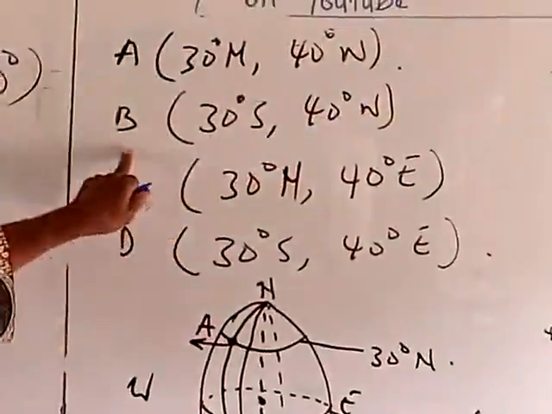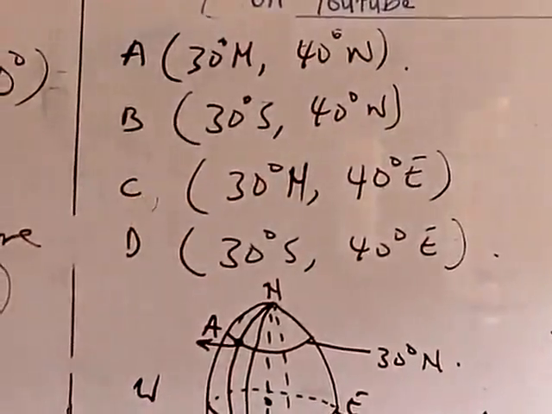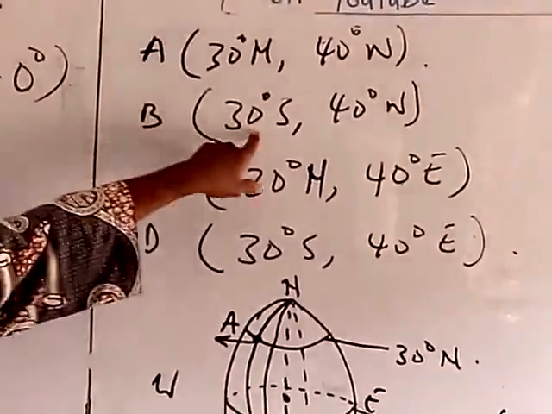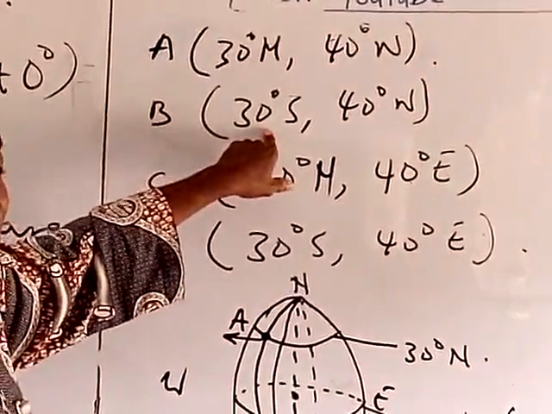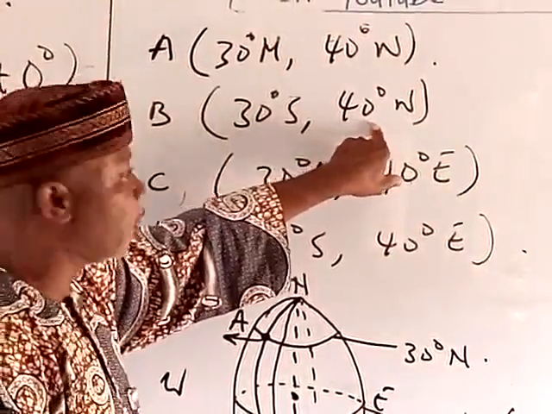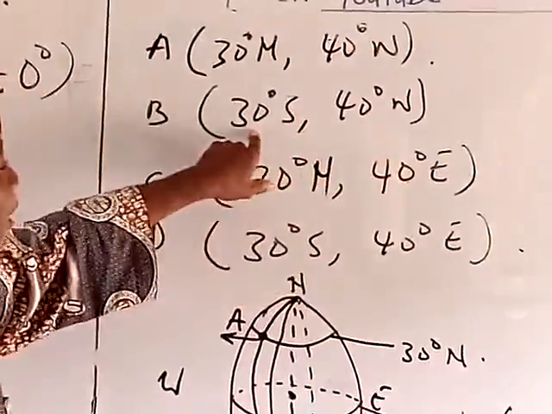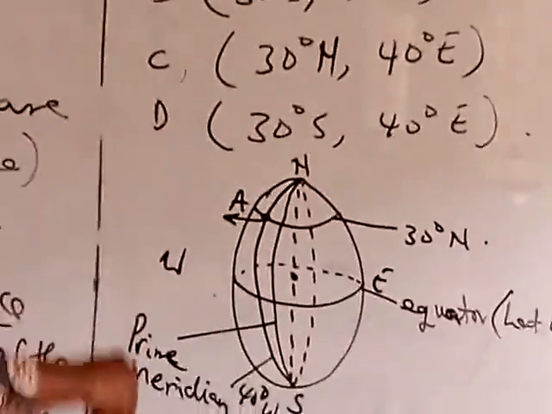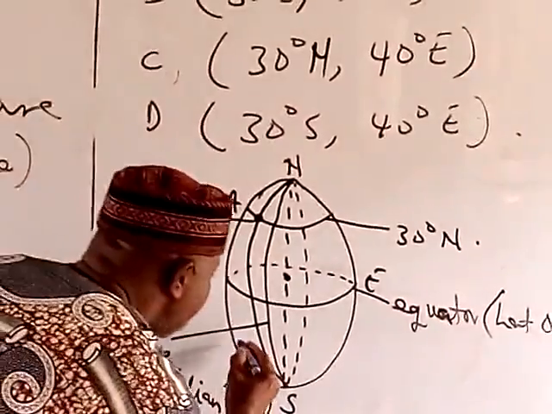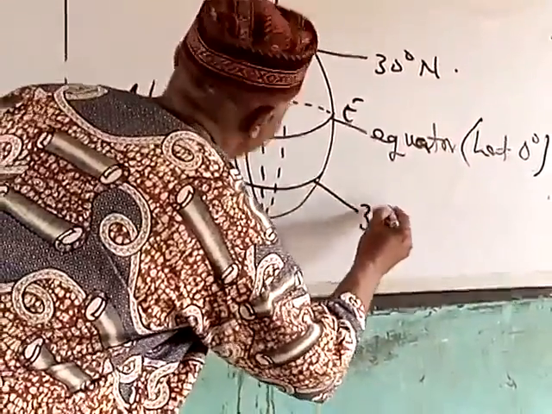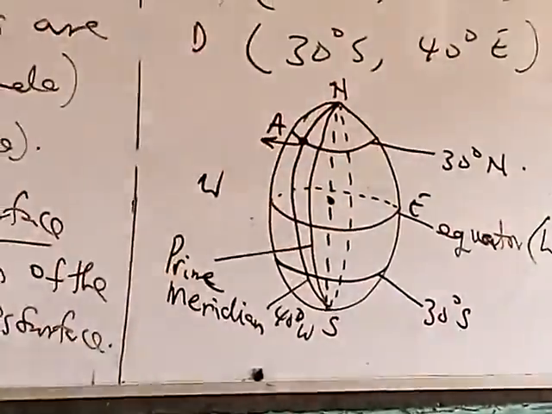For point B, 30 degrees south and 40 degrees west. This 30 degrees south is the latitudinal line, while this 40 degrees west is the longitudinal line. So for 30 degrees south, you move towards the southern part. You have it in this form. That's for 30 degrees south.